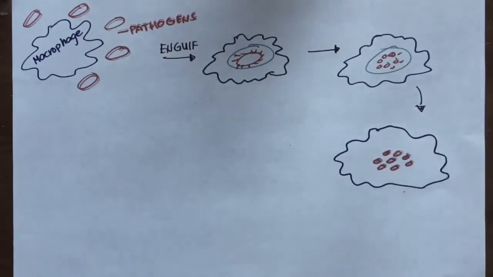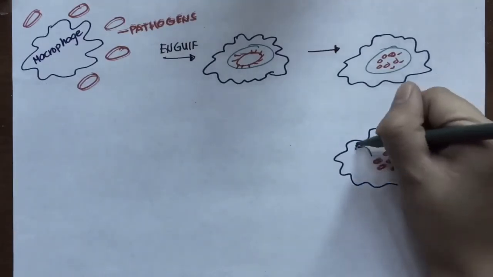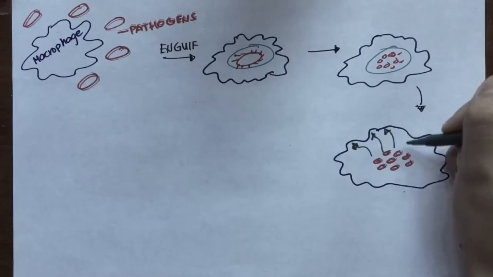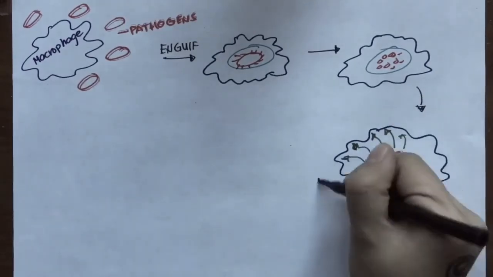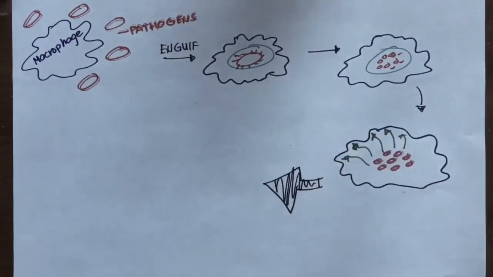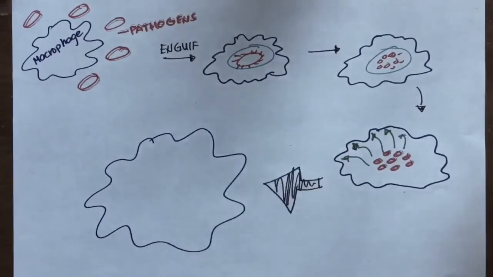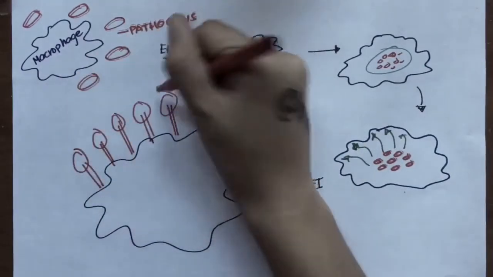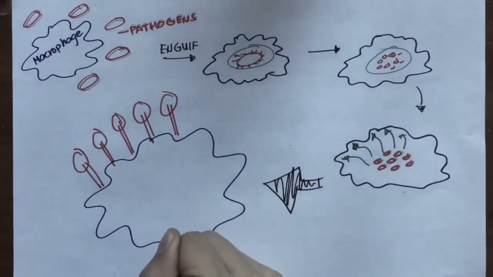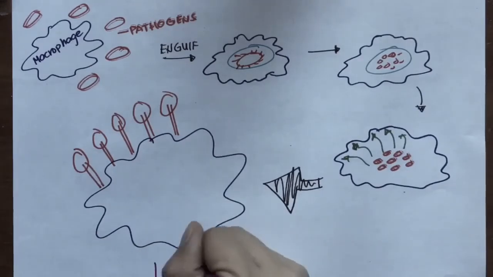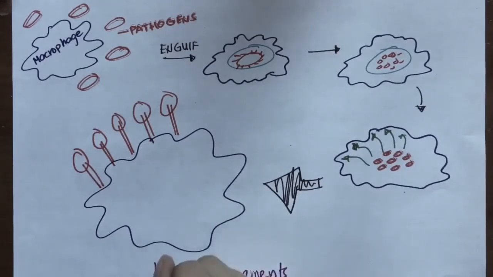The MHC proteins bind to the antigen fragments and transfer them to the surface. The cell then displays the antigen on the surface and is now called the antigen-presenting cell. Now, we can see that the fragments are displayed on the surface.